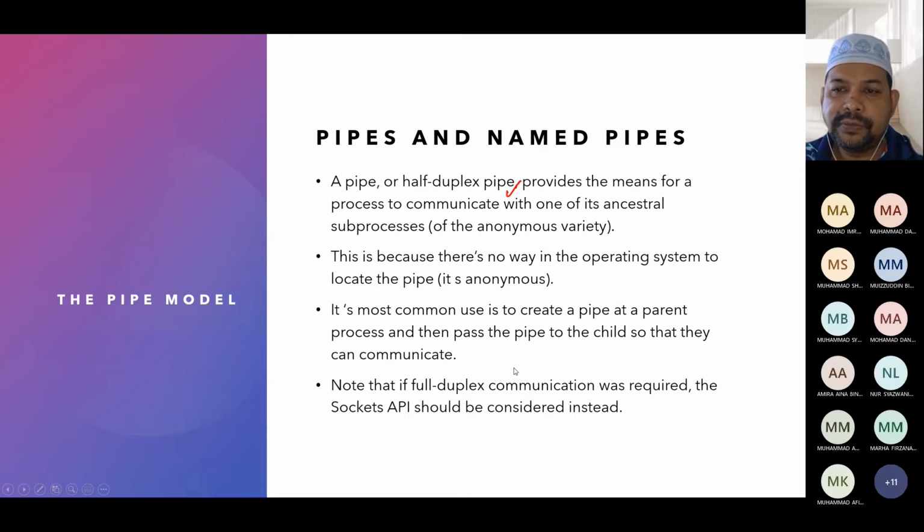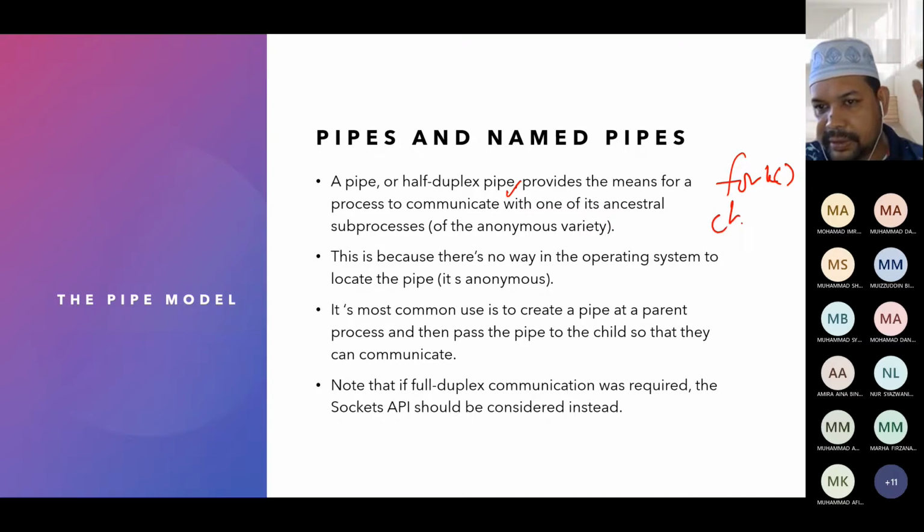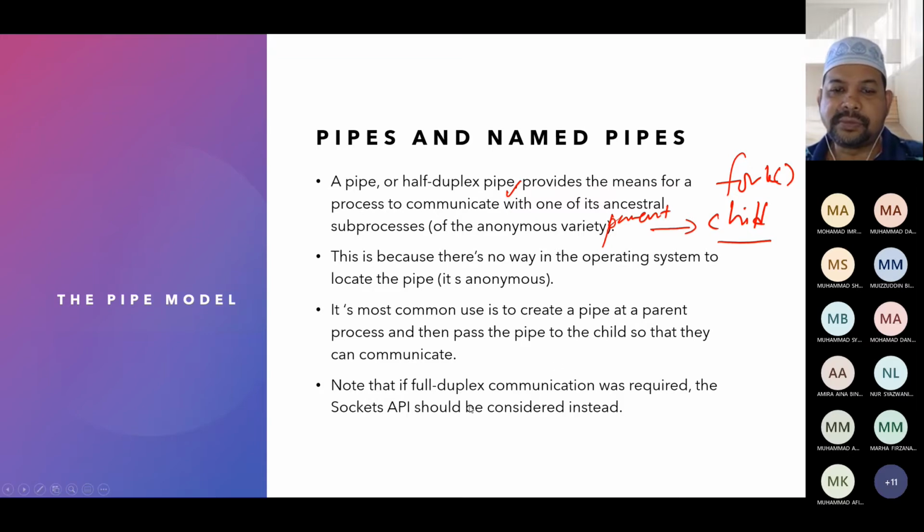So if we use fork, when we use fork there will be a child, so we will have a child program. When we use fork, we can use a pipe to communicate between parent and child. So the most common use is to create a pipe in the parent process and then pass the pipe to the child so they can communicate.